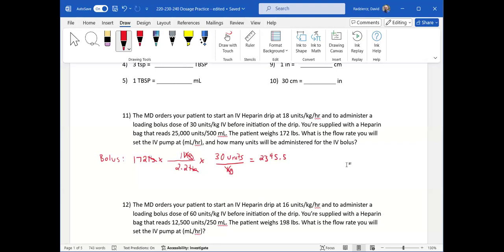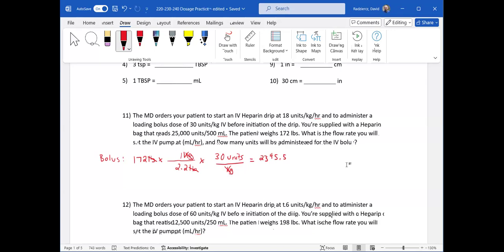And you'll notice we're talking about half of a unit. That's probably not significant for an adult patient, for the quantity there. It's like if you have $2,000 and you lose $1, you still have close to $2,000, and it's not that big of a deal. Putting that into a money standpoint.